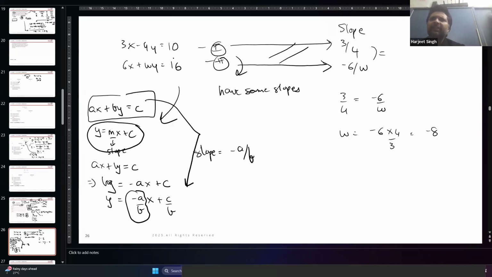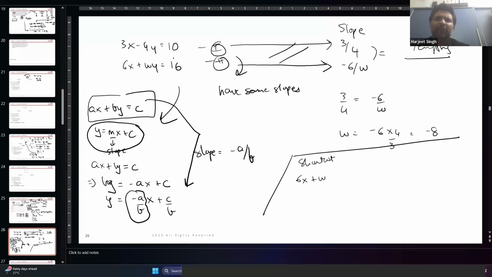So this is the lengthy way, by the way. Shortcut. So I'll put the shortcut out here. When I look at the two equations, one equation is 6x plus wy, which is what we need. We need w, right? So this should be your master equation, which is number 2.